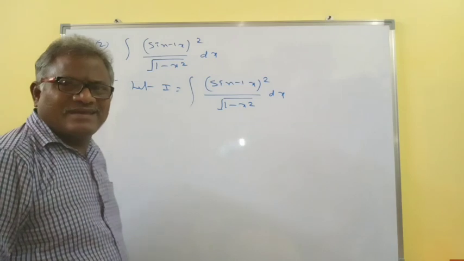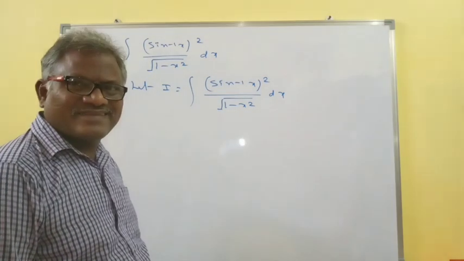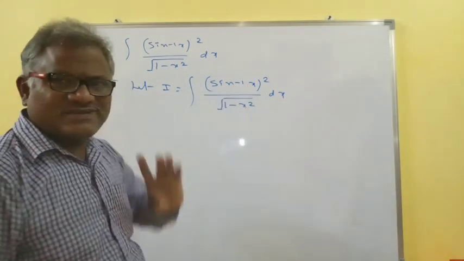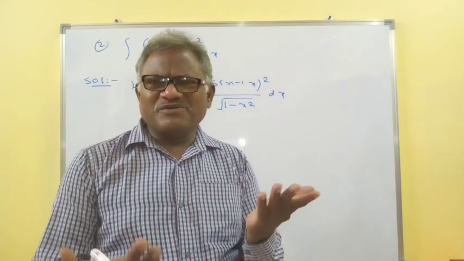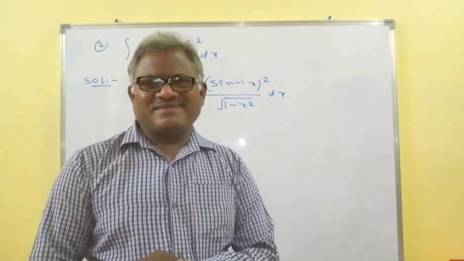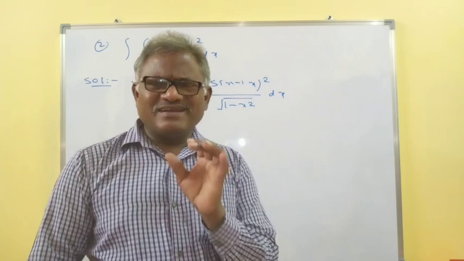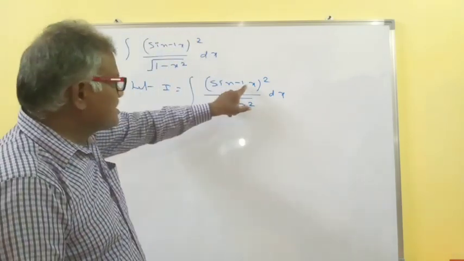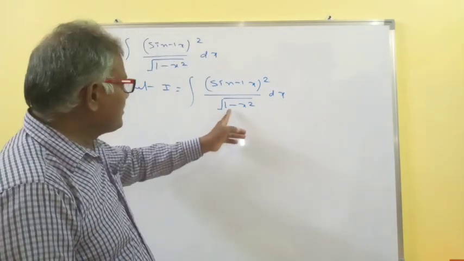So if you observe this one, we don't know the formula for sin inverse x itself. But we know the formula for x square or t square: here the integral of t square is t cube by 3. So this whole term is considered as some t. Its derivative is nothing but 1 by root of 1 minus x square.